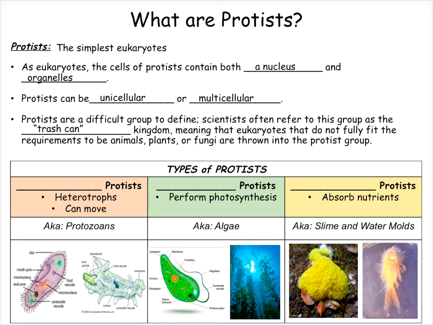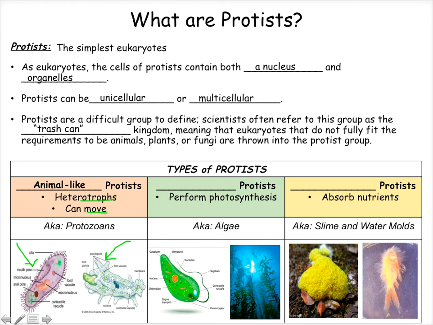So, what kinds of organisms are considered protists? First, we have organisms that we call animal-like protists. These are organisms like the paramecium that you see here, or this amoeba, that actually have some of the characteristics that animals have, such as being heterotrophs or being able to move.